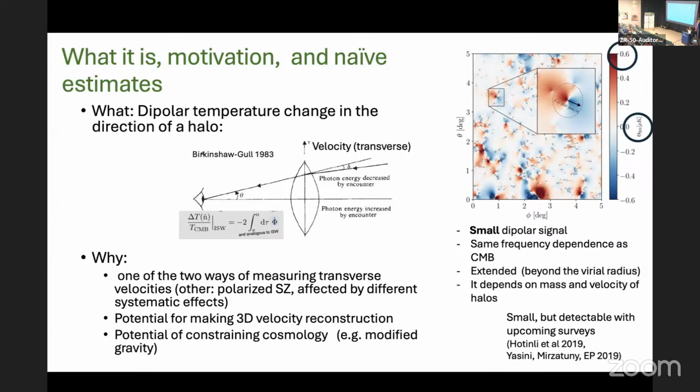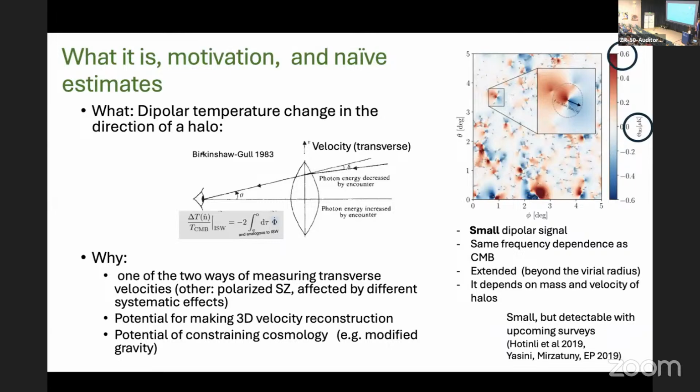And this ISW effect is different for the photons that are passing behind the halo with respect to the ones that are passing in front of the halo. So as a result, you get in temperature a sort of dipolar structure, and the direction of the dipole is determined by the transverse velocity of the object.